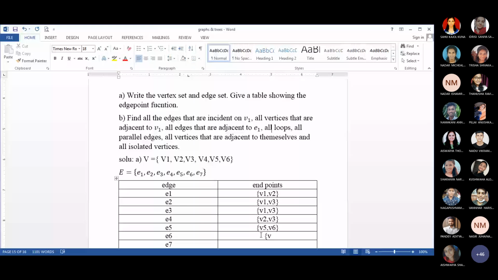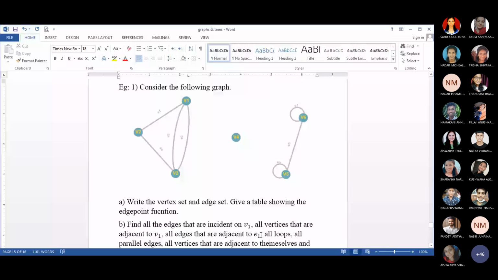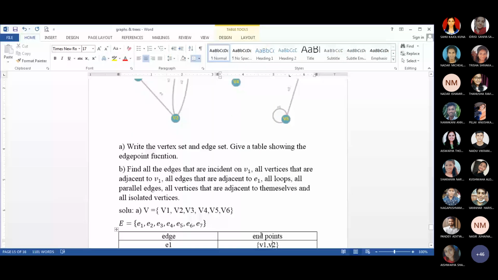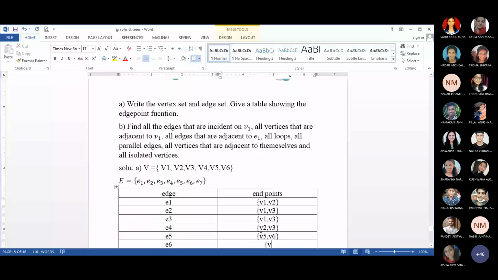See properly, see the diagram properly. E6 is an edge from which vertex to which vertex?